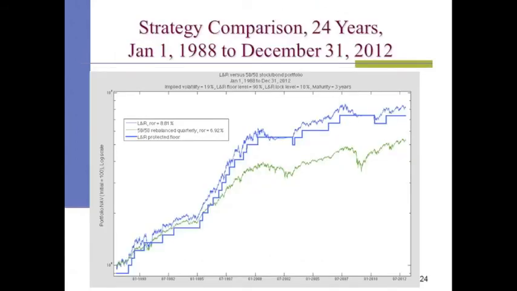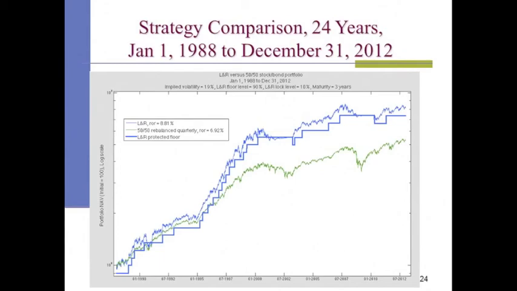And here we're looking at a strategy the parameters of which are a 90% floor and 110% gain lock. So if you began at 100, your floor is 90, if you hit 110, you're going to roll forward. So what are we looking at here?